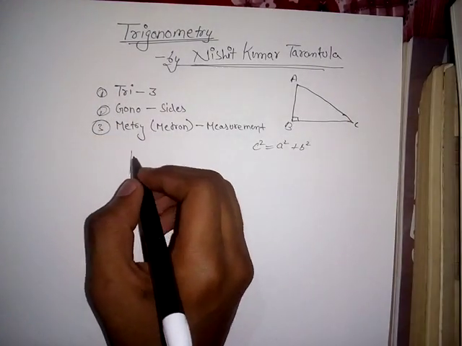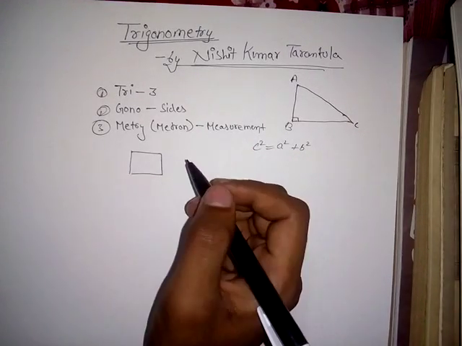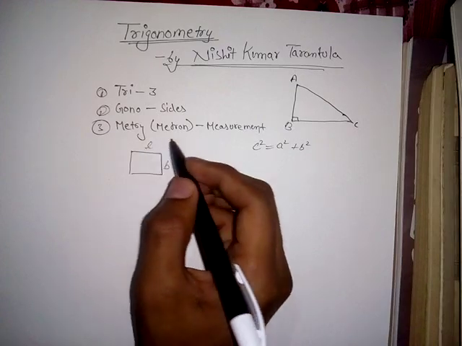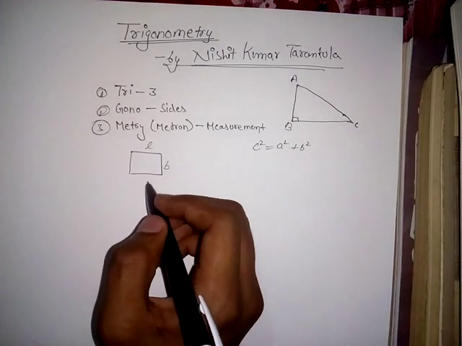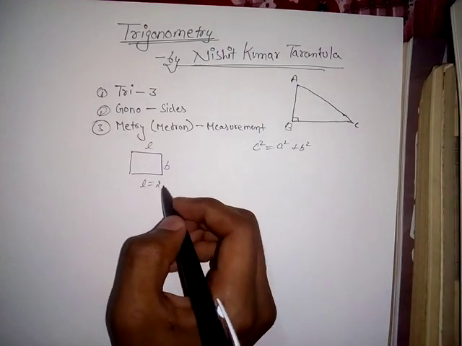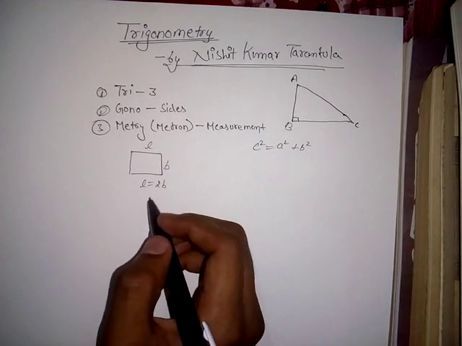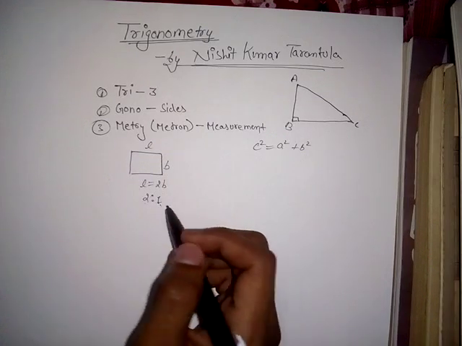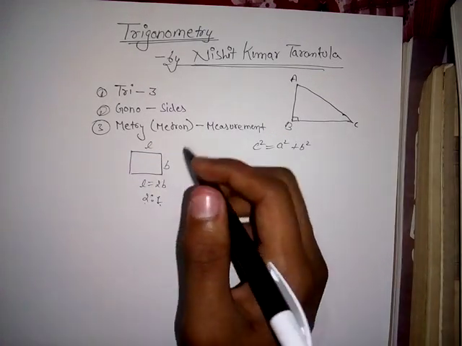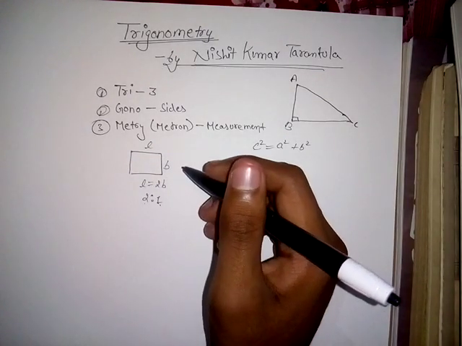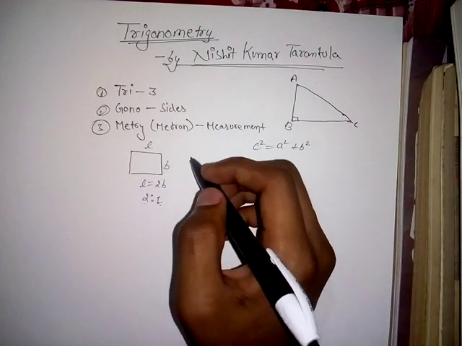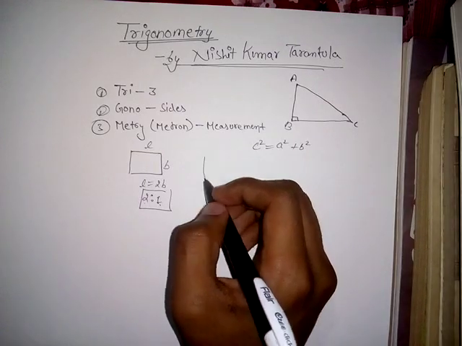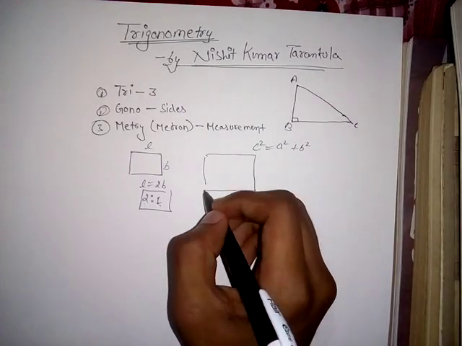Suppose, let's say, there is a rectangle. This is the breadth, this is the length. Let's say the length is 2 times its breadth, so there's a ratio of 2:1 between the length and the breadth. So if I have to construct a whiteboard with the same ratio, 2:1, I can simply do it.